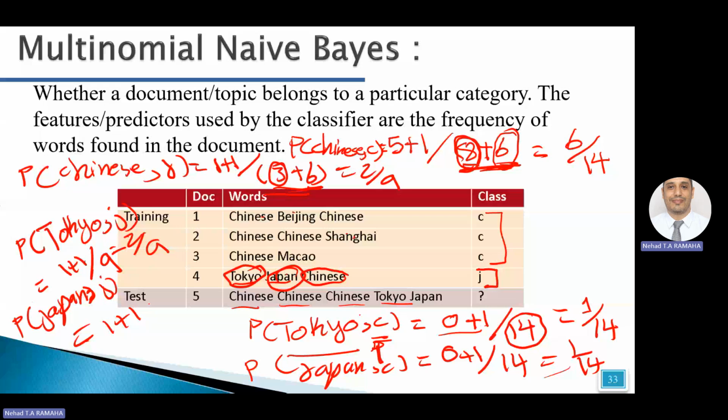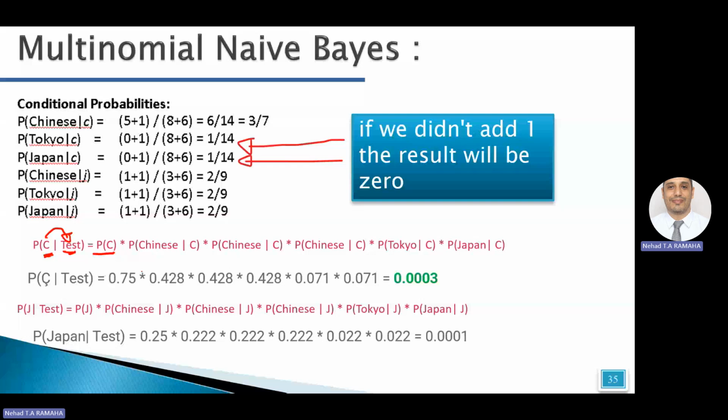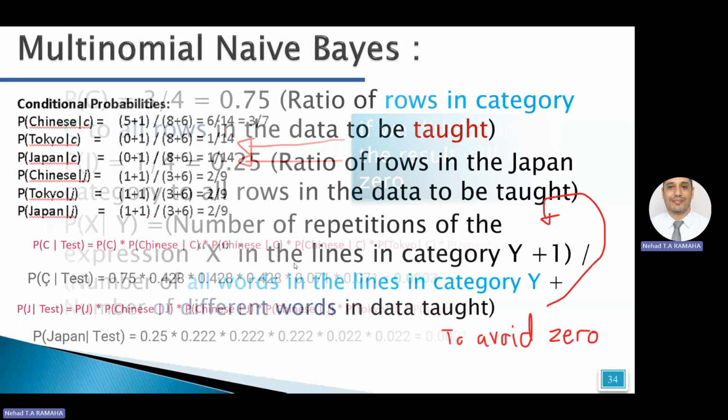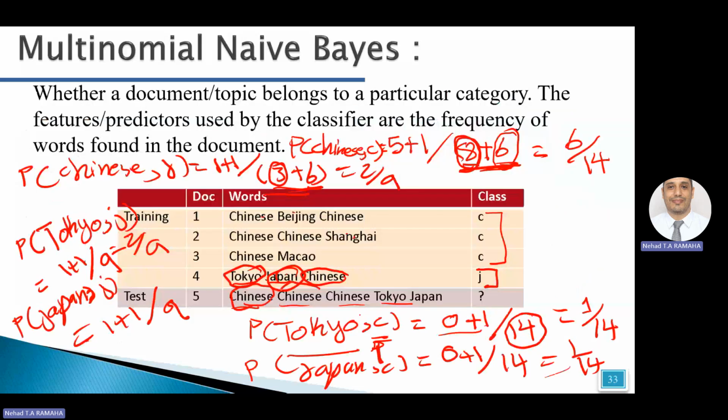Then for the test, multiply the probability of each word in the testing data. Here, the testing data: probability of Chinese with the category, multiplied by probability of Chinese with the category, multiplied by probability of Tokyo and Japan.